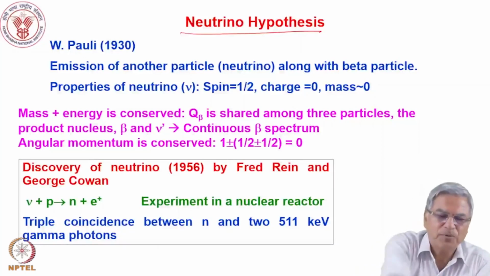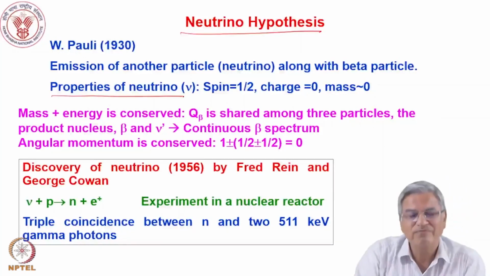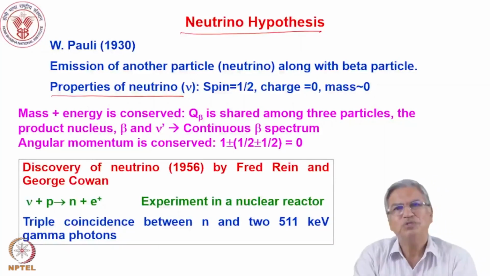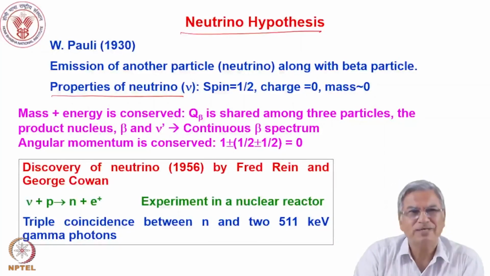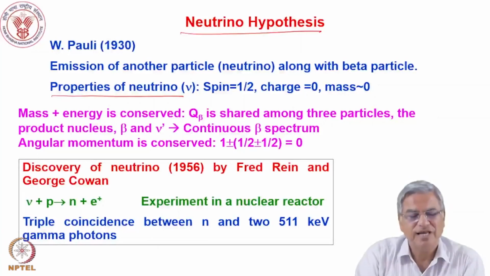The properties Pauli predicted were a spin of half, no charge and no mass. Once you include one more particle, the neutrino, with spin half, no charge and no mass, you can explain the conservation of mass and energy as well as that of angular momentum.